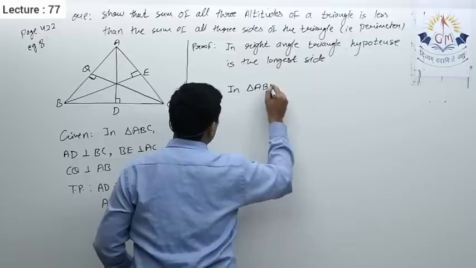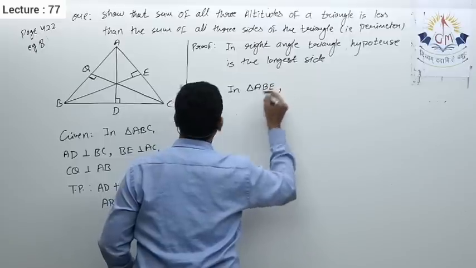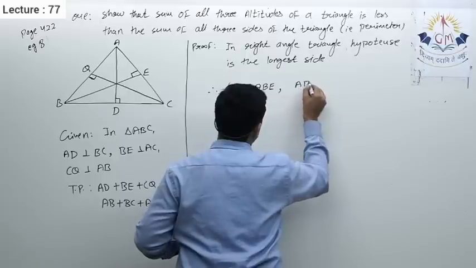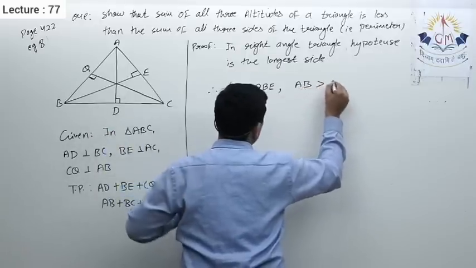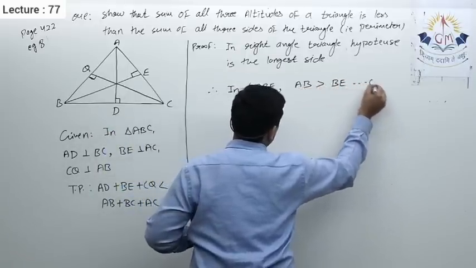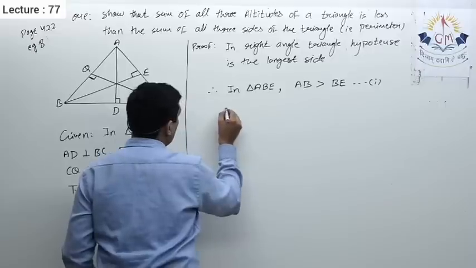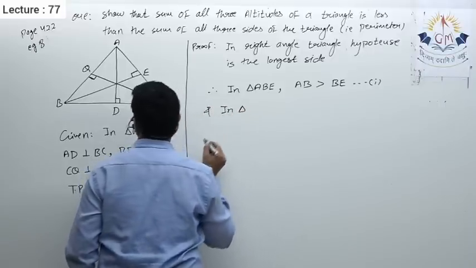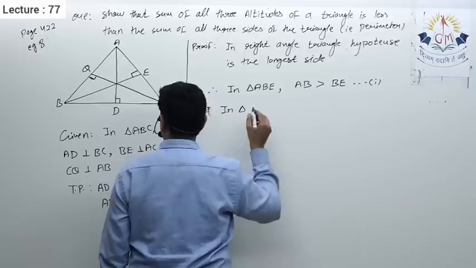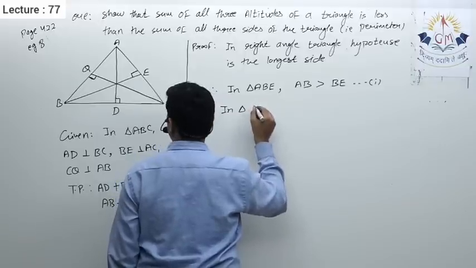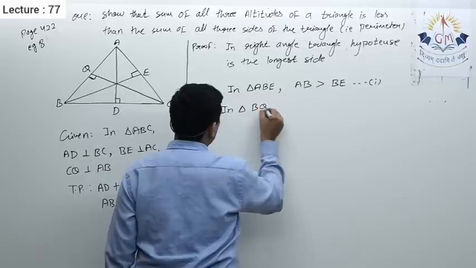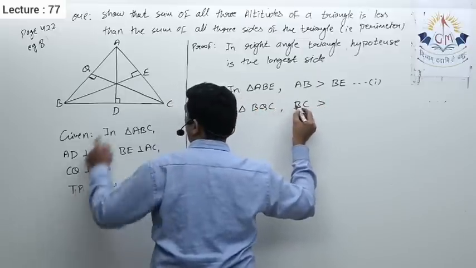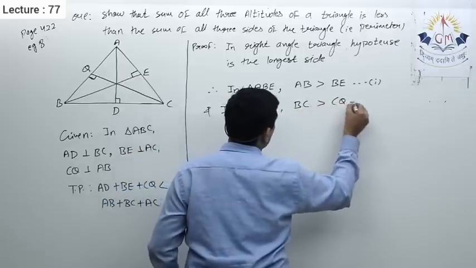in triangle ABE, I can write AB is greater than BE. And in triangle BQC, I can write BC is greater than CQ.